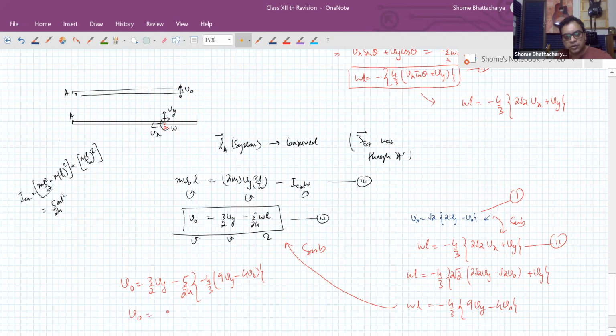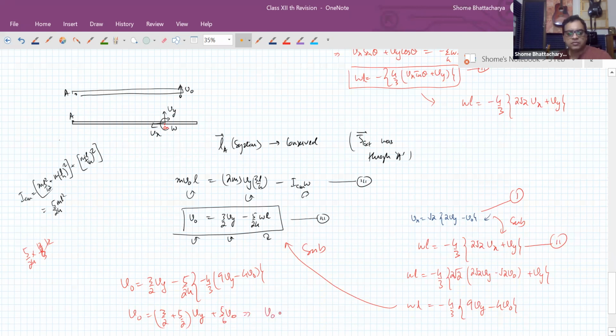V naught is equal to, this will be 3 by 2 plus this will become 6 into, just a minute, 5 by 24 into 12 by 3, so 5 by 2 Vy plus 5 by 6 V naught.